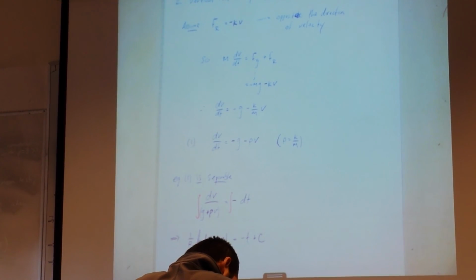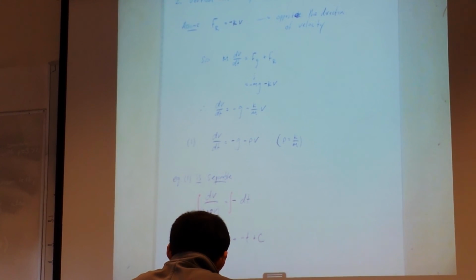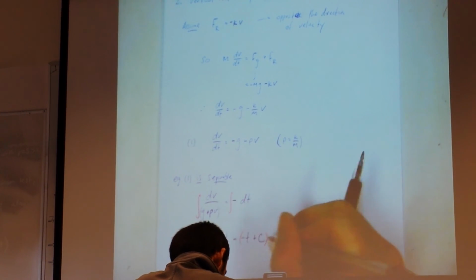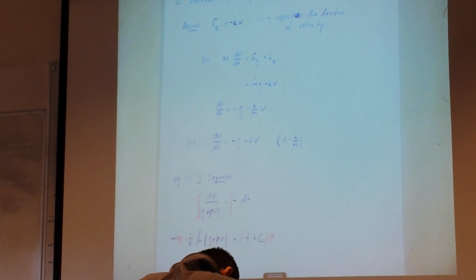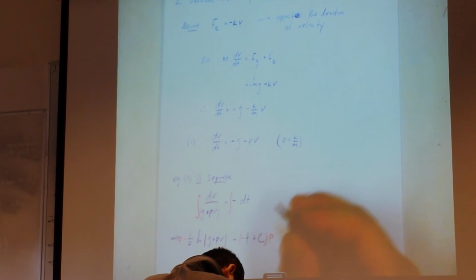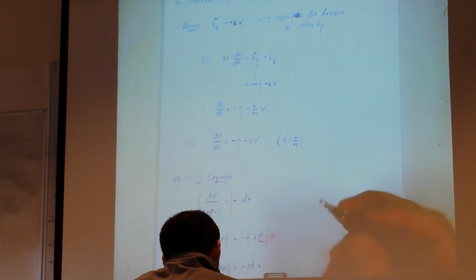All right. I'm going to multiply both sides of this by rho now. Get rid of that. And we get natural log of g plus rho times v equals negative rho t plus, and I'm just going to call this a new constant, rho times c.